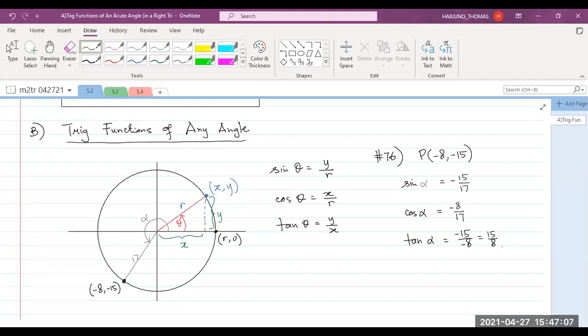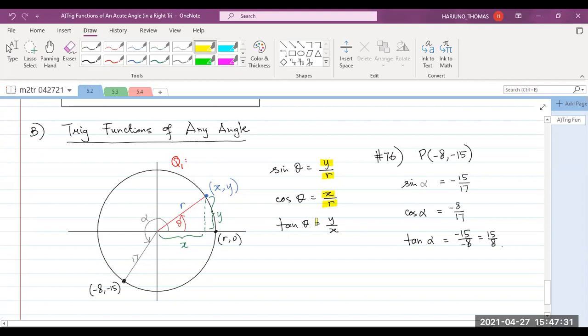Before I go on with the later questions, let me first say that in quadrant one, x and y are positive, right? The r is always positive. So in quadrant one, positive over positive for sine is positive. The cosine is positive over positive, also positive.